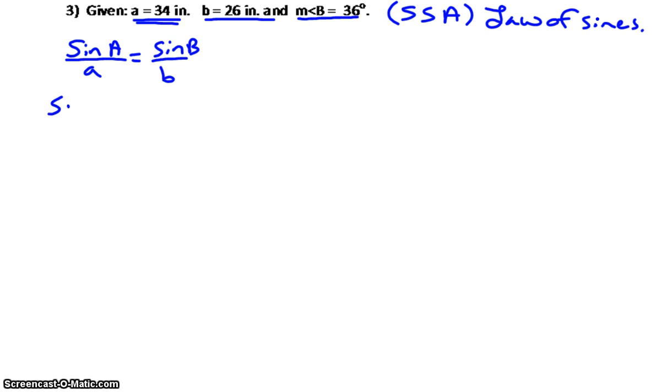So sine A is what I'm looking for. I do have the side A, which is 34 inches. I have then the sine of B, which is 36 degrees, and the side B, which is 26 inches. Now again, what's really nice about having the unknown on top is that we can just cross multiply with the 34.